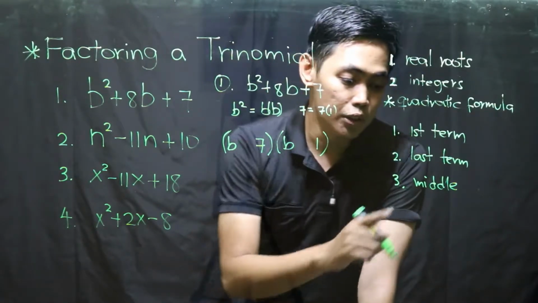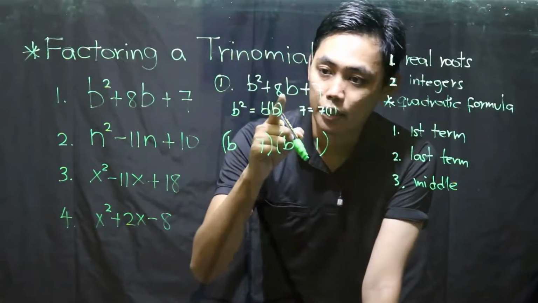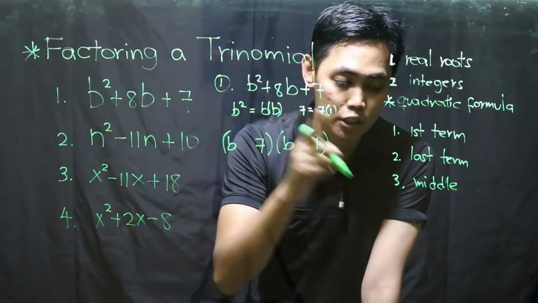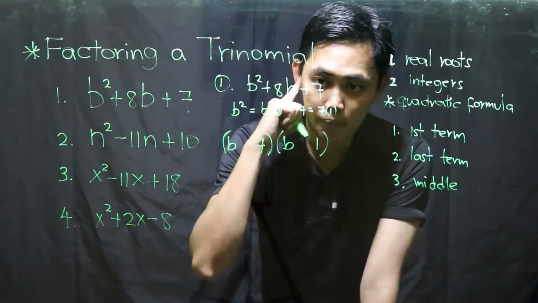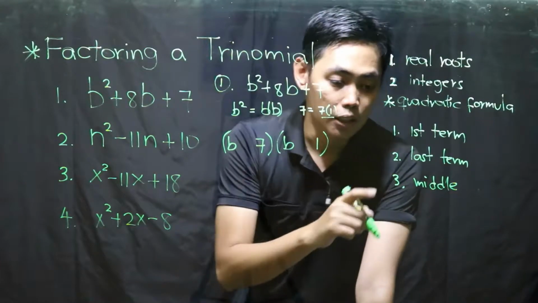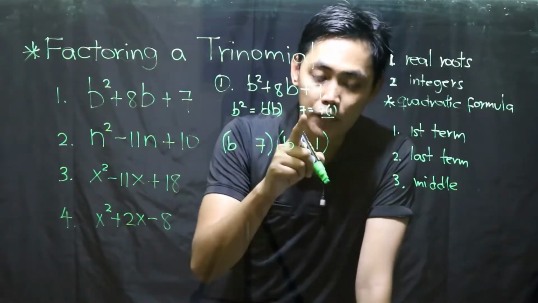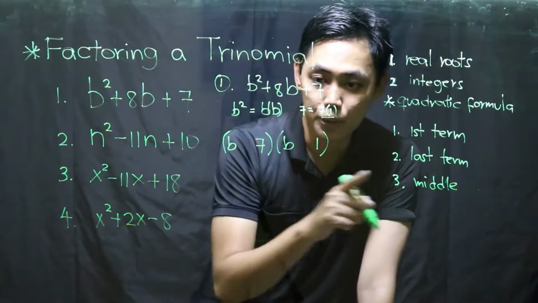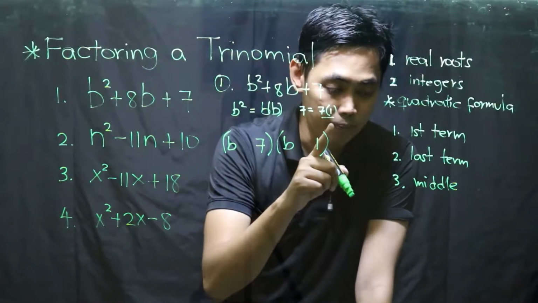Middle term, which is 8. What we will need to do is add the factors. So first we factor the first term, the second step is we factor the last term, 7, so 7 times 1.